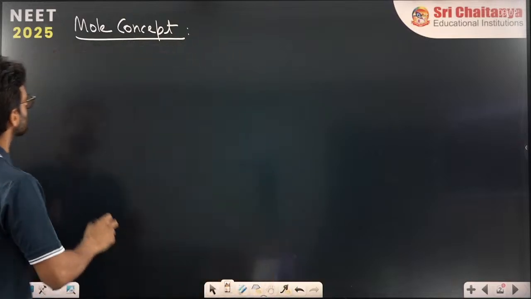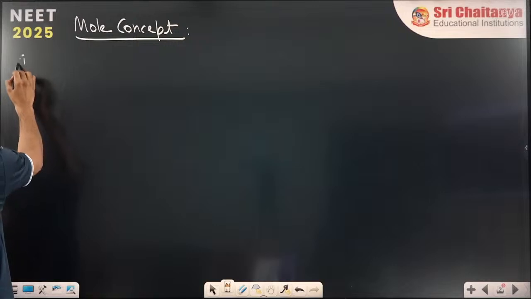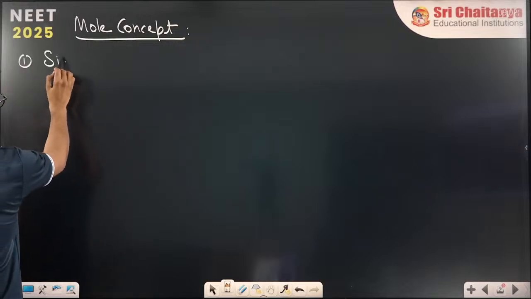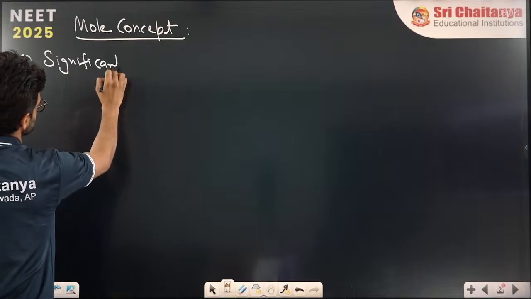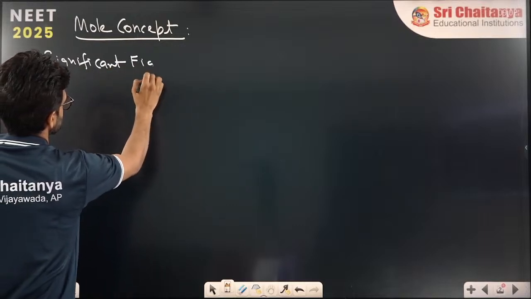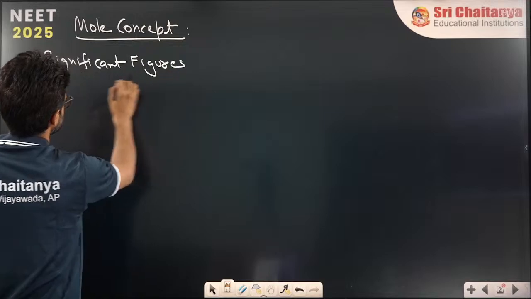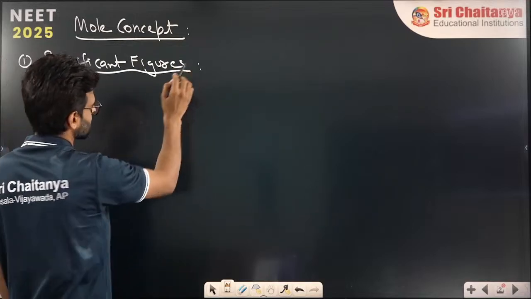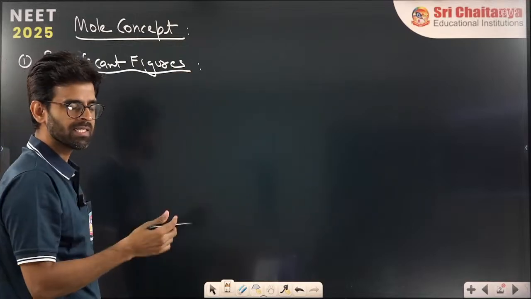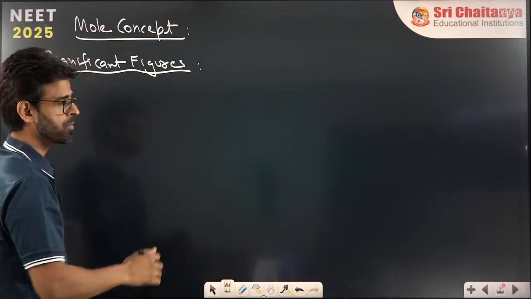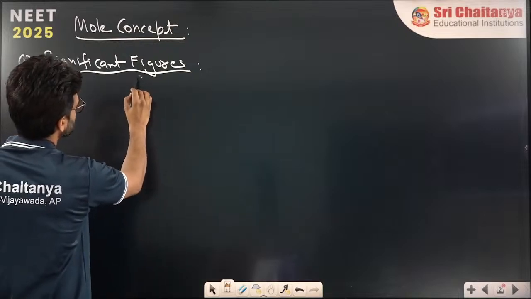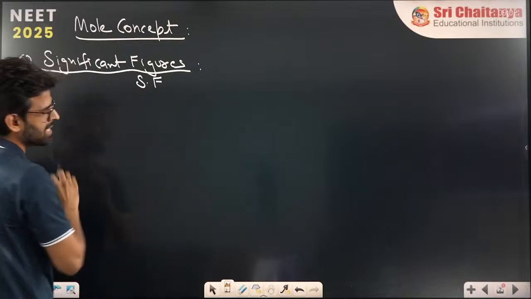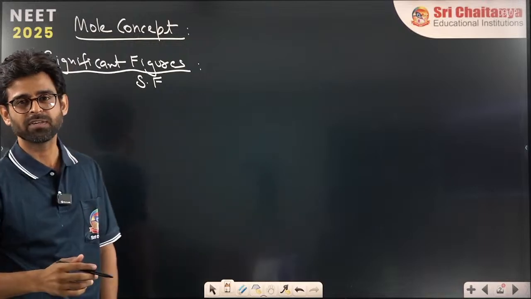The first small point I'm taking from here is significant figures. The easiest part, it comes in physics also, so very important. Let me give some examples, and I will ask how many significant figures they contain.